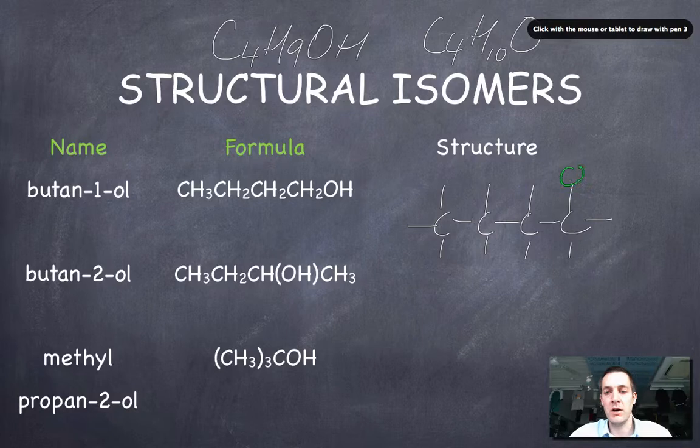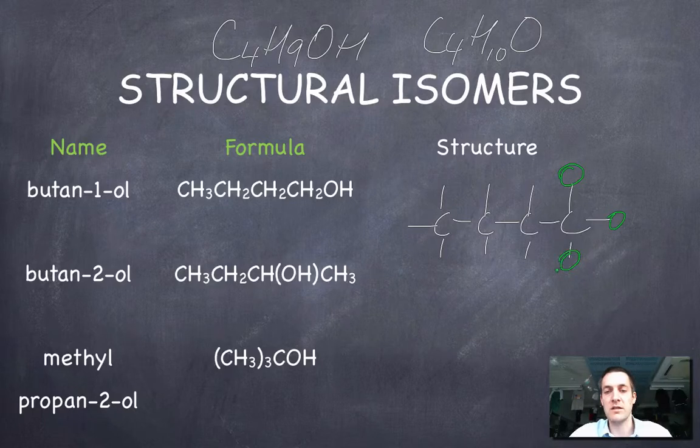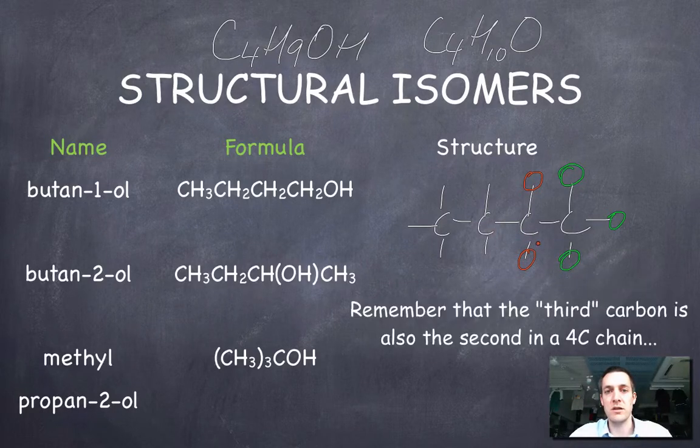I could put it on the end carbon, and notice that all these 3 positions here in green are the same as one another because they're all on the end carbon, and they'd be the same as putting it on this end carbon. Or I could put my alcohol group on one of the second carbons in the chain.